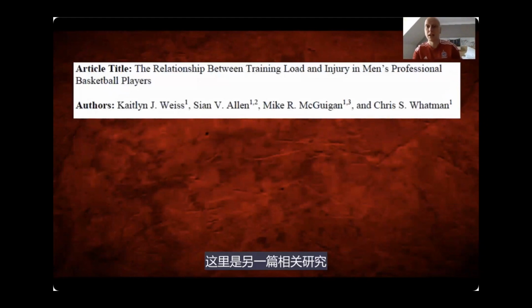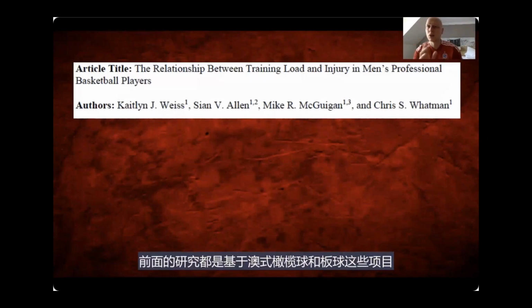Another reason why I like to use it is that another great study was made on basketball players, while Tim Gabbett's work is based more on Australian football, cricket players, and so on.